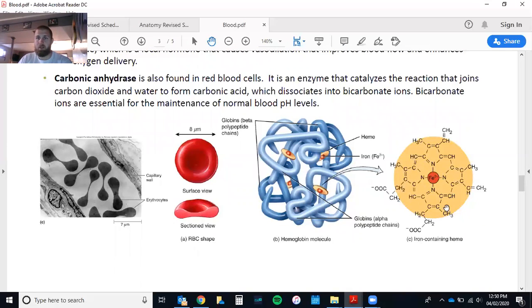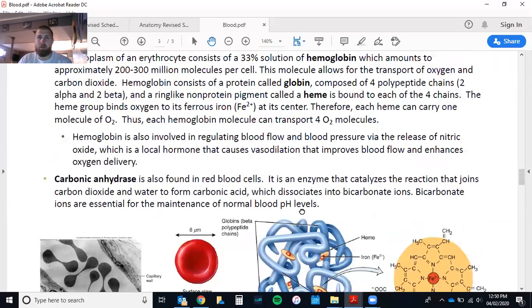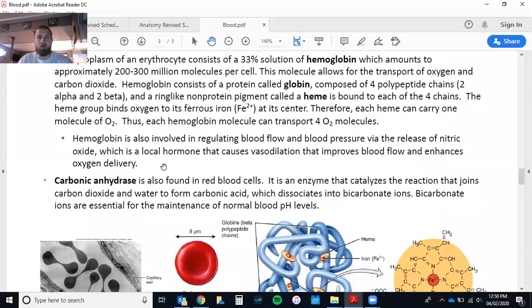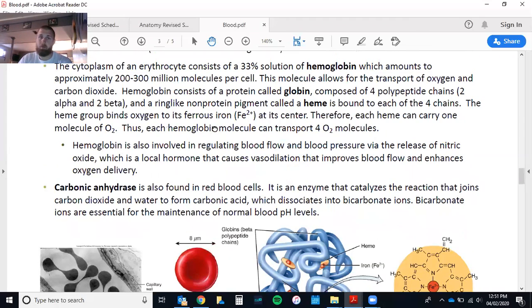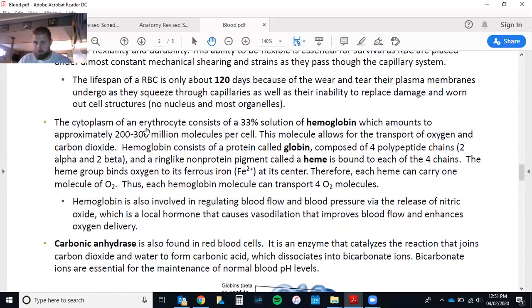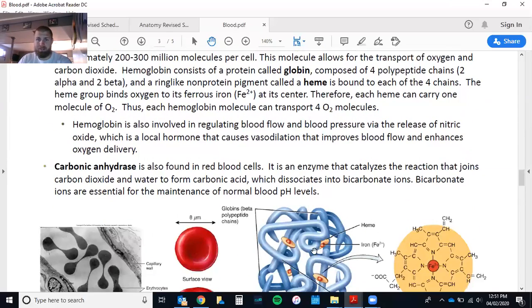At the center of each of those hemes is an Fe2+, what we call a ferrous iron, where a single oxygen molecule can bond to it. And thus, we have 1, 2, 3, 4 hemes, so we can carry 4 oxygen molecules per hemoglobin. If you do the math, there are 200 to 300 million of these per cell.